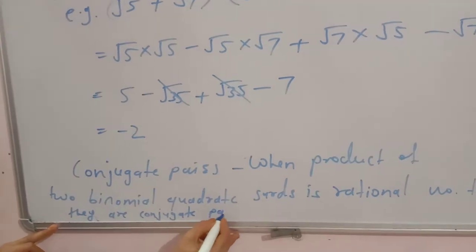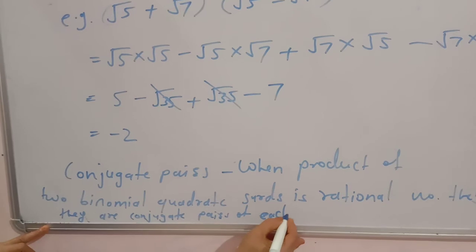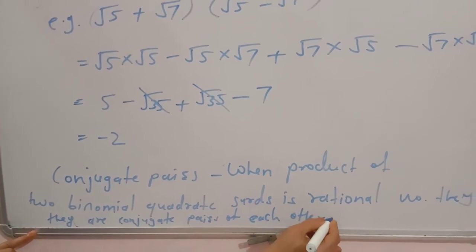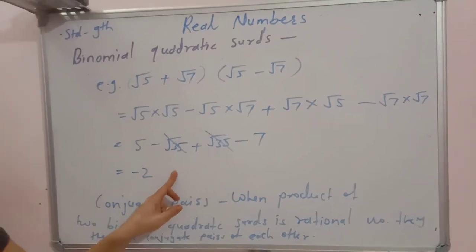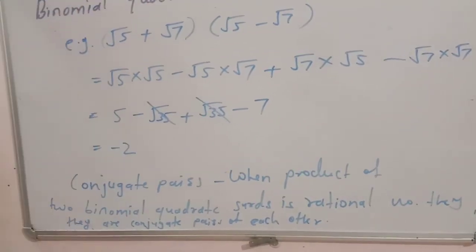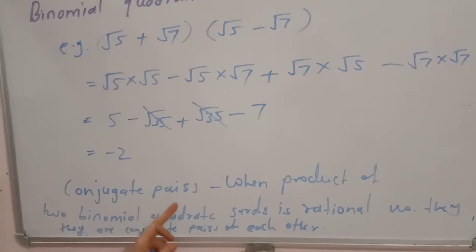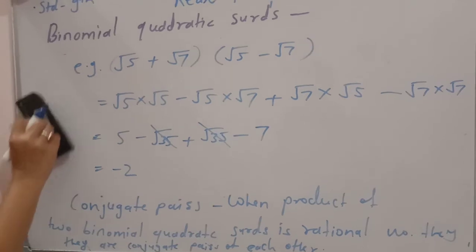And for rationalization of a denominator which has binomial quadratic surds, we will use the conjugate pairs. I will take an example for that.